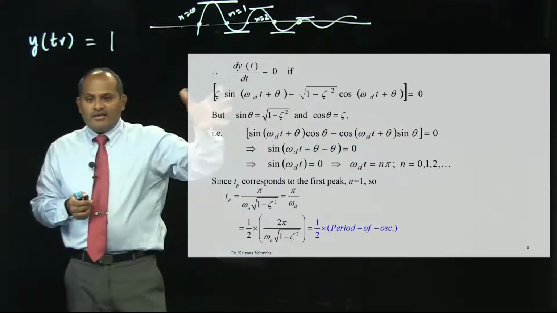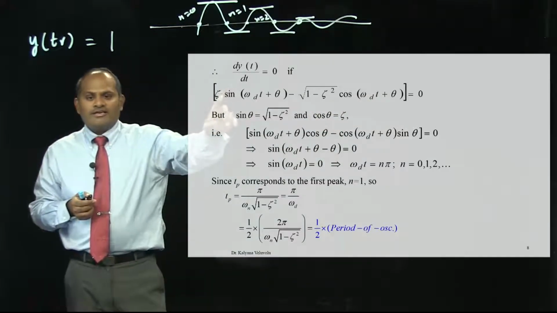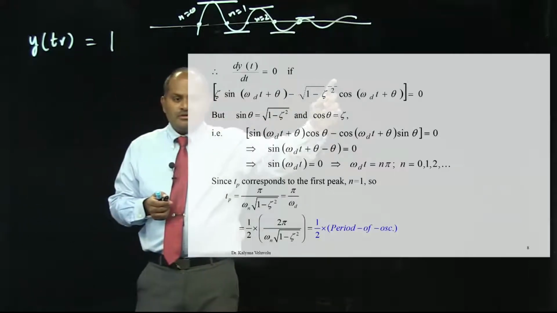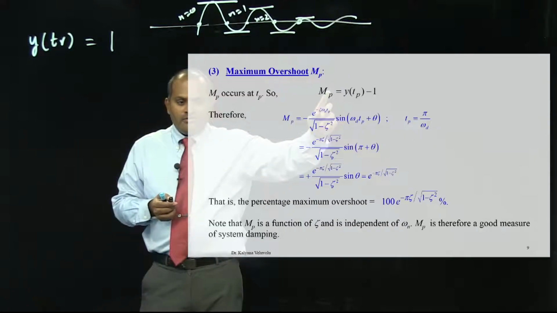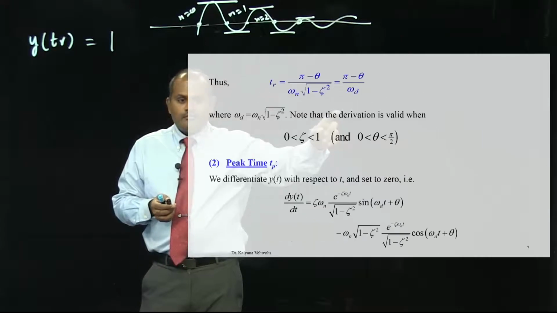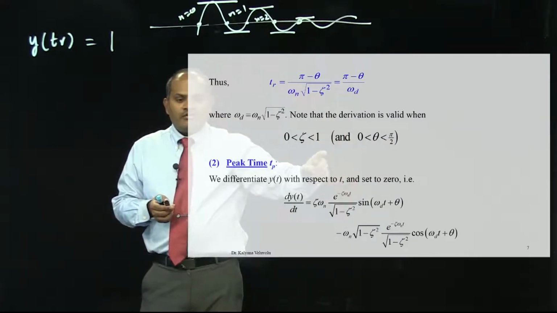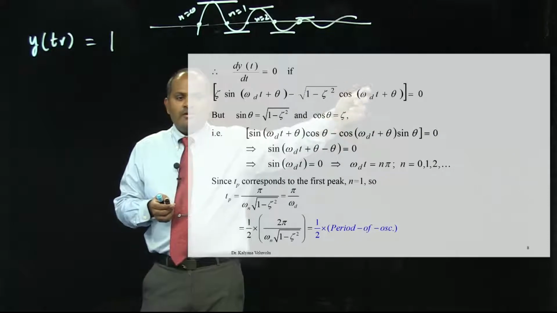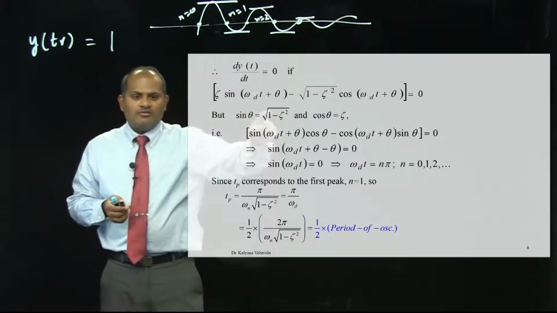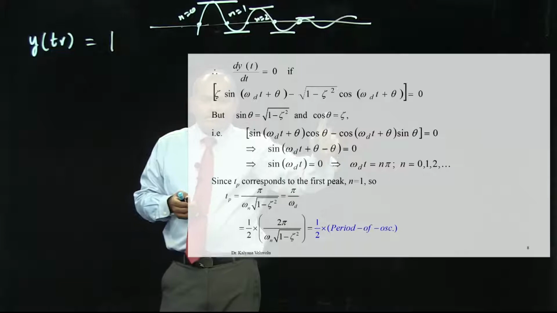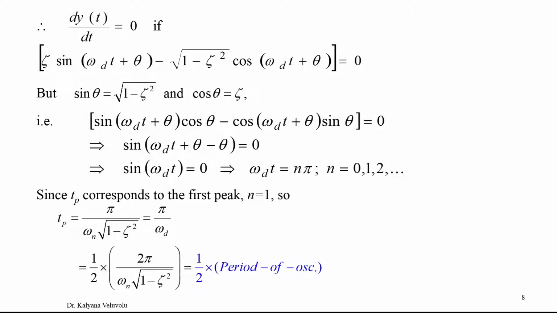Like we did in the earlier time domain response, we can select sin theta equal to square root of 1 minus eta square, and cos theta equal to eta, and then you can sum together into sin of omega d t minus theta. So, you get equal to 0. You can simplify the trigonometric analysis, and finally, we get sin of omega d t equal to 0.